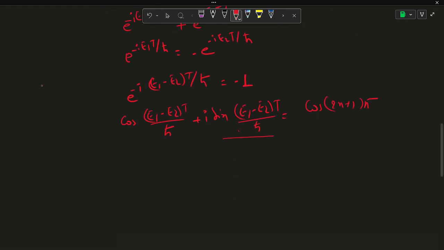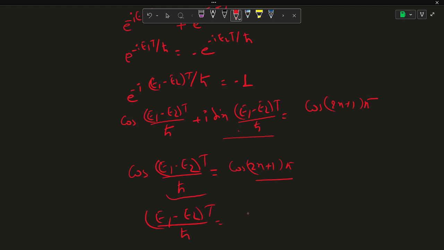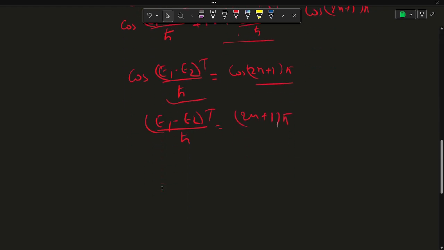Now here we can see cos (E1 minus E2) t by h-bar is equal to cos (2n plus 1) pi. So arguments should be equal, (E1 minus E2) t upon h-bar equal to (2n plus 1) pi.